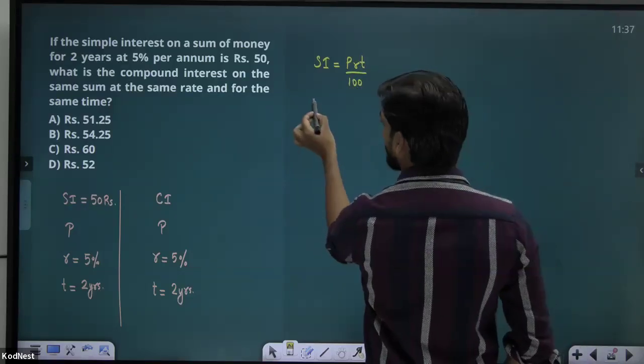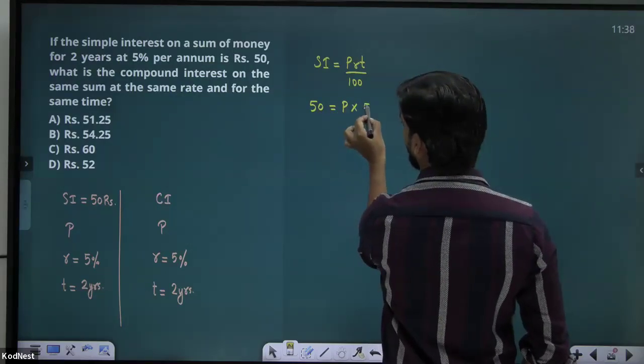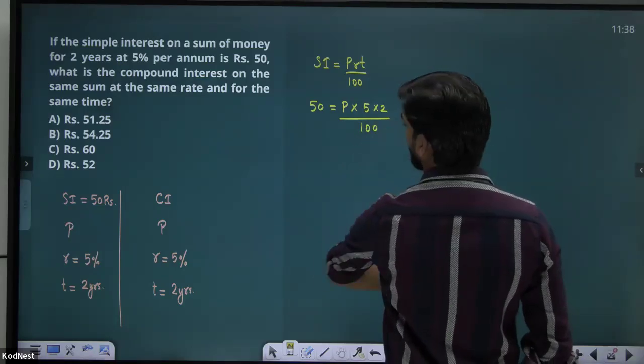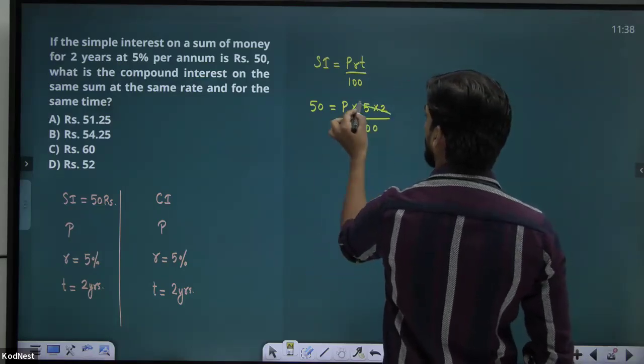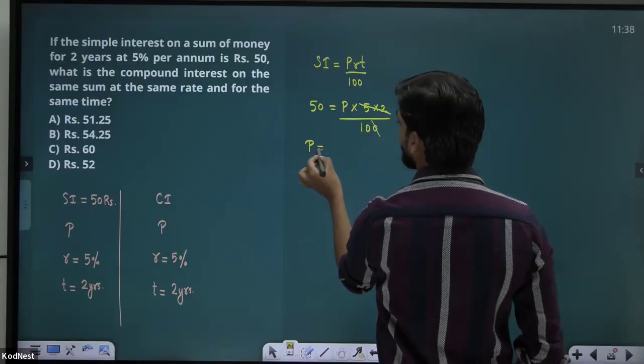Simple interest 50 rupees, principal unknown, rate of interest 5, time is 2, divided by 100. So the zeros will cancel out, then 500. Principal I will get as 500.